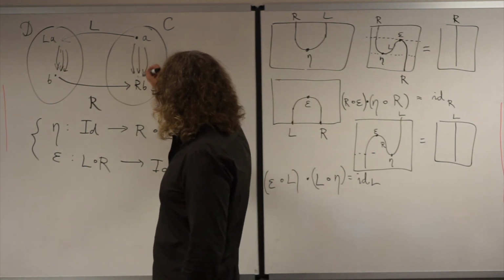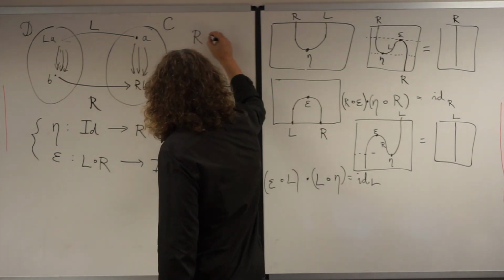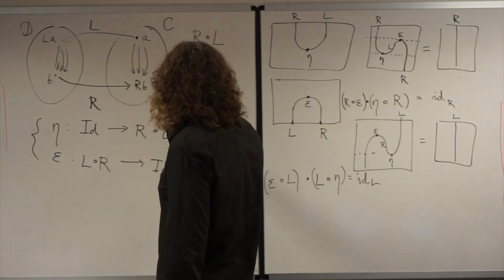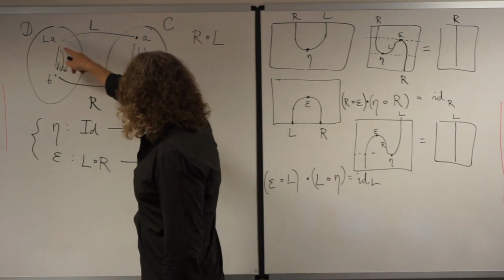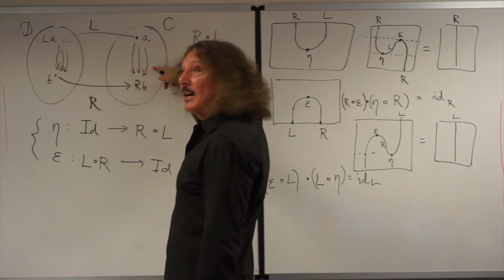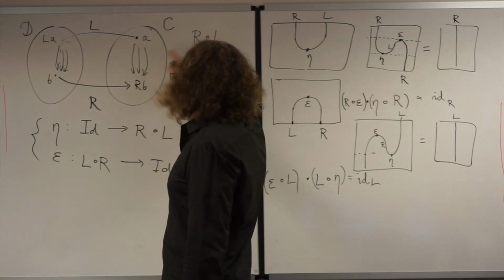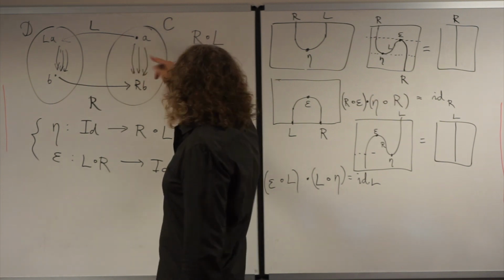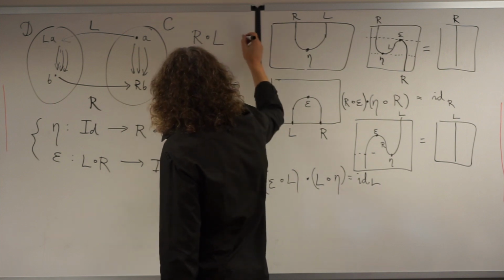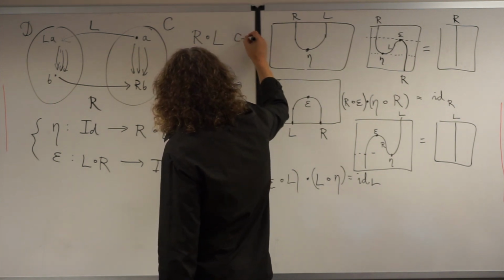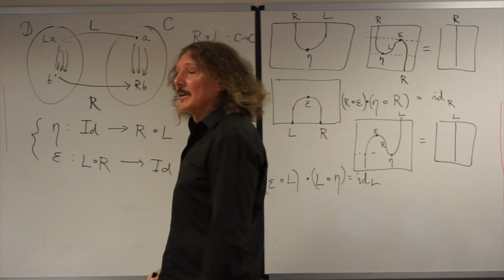One endofunctor is R after L, right? So if you go first L and then R, you end up in the same category. So R after L is an endofunctor on C. So it goes from C to C, right?